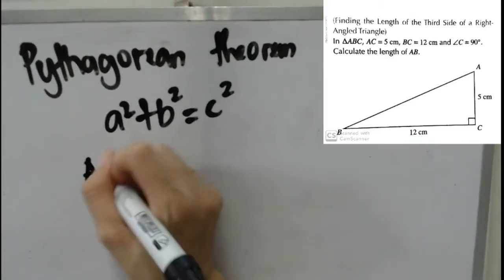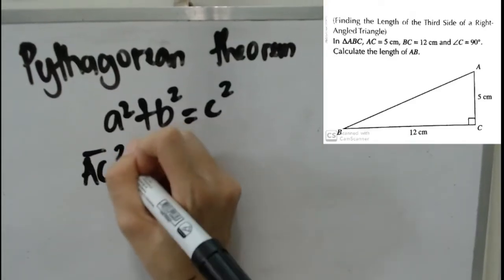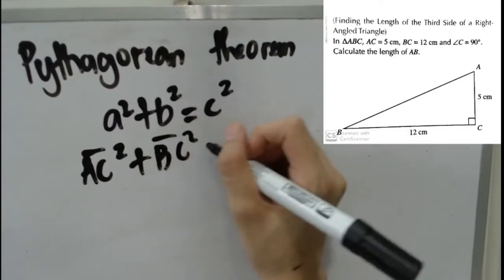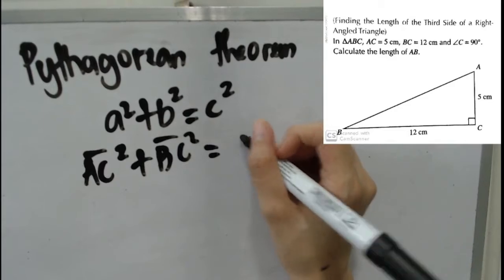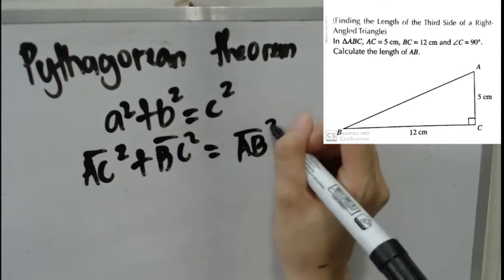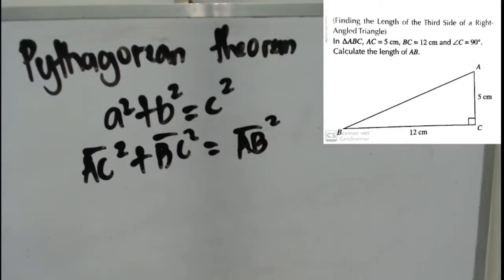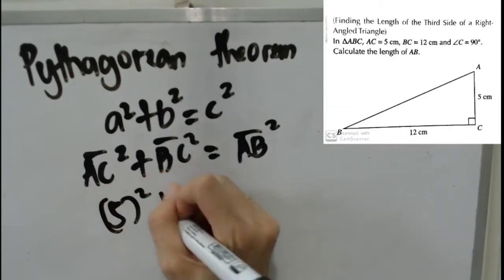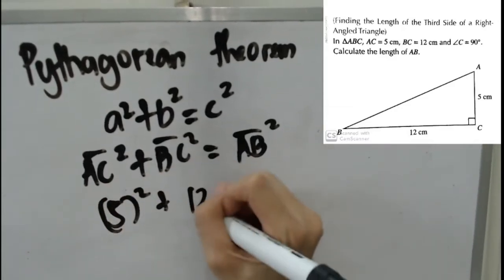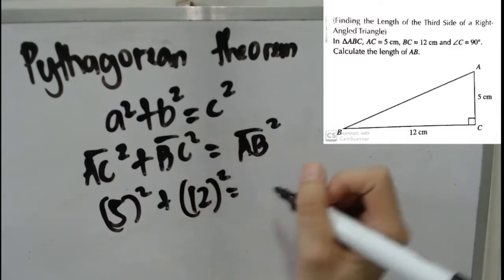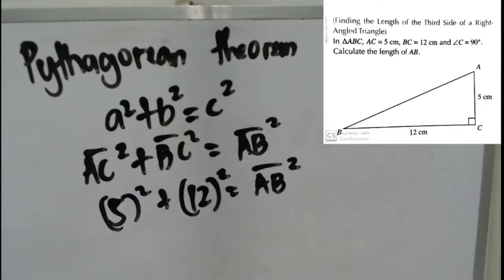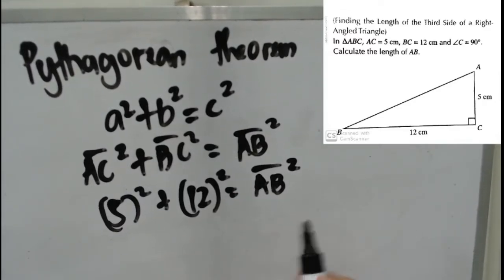So AC squared plus BC squared must be equal to the hypotenuse AB squared. The length of AC is 5 and we need to square it. The length of BC is 12. We need also to square it.